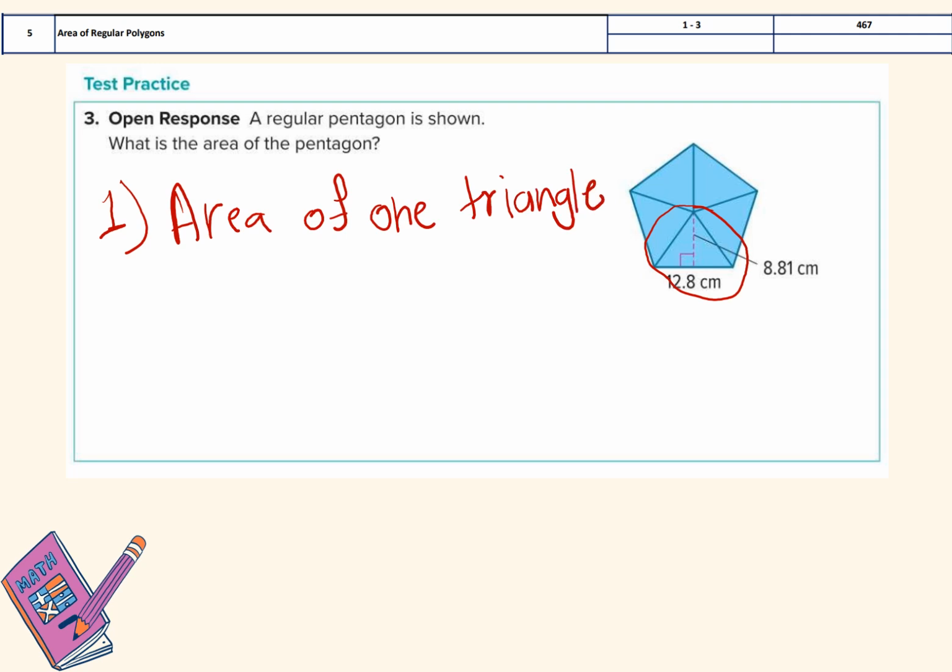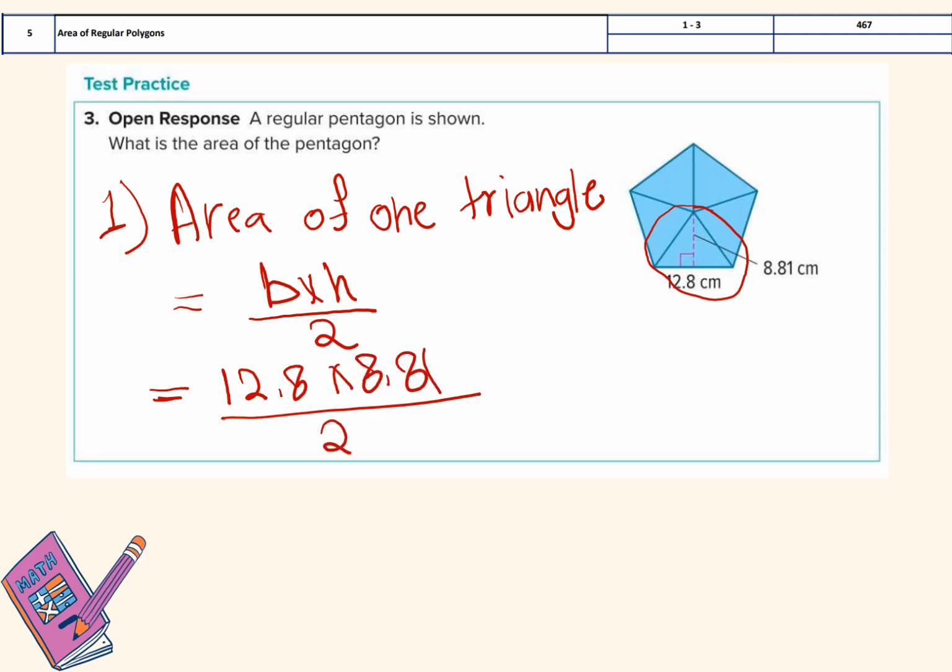The area is going to be base times height over 2. So in this case, it is 12.8 times 8.81 divided by 2. The answer is going to be 56.384 square centimeters.